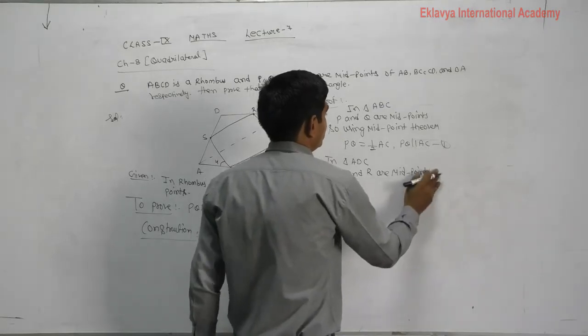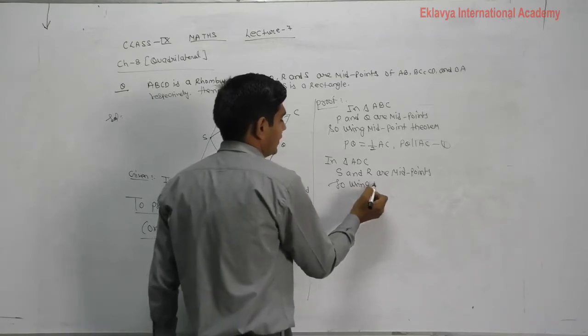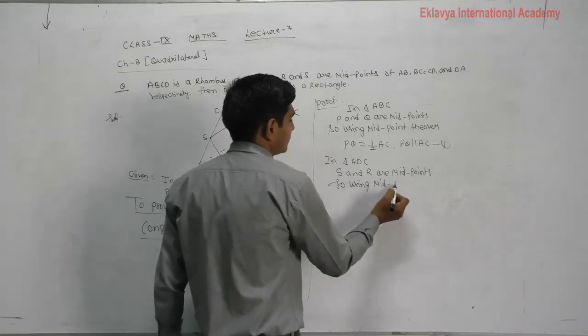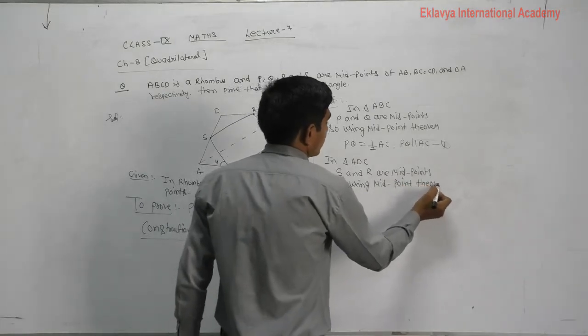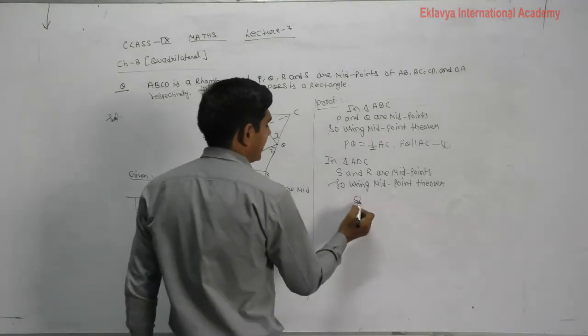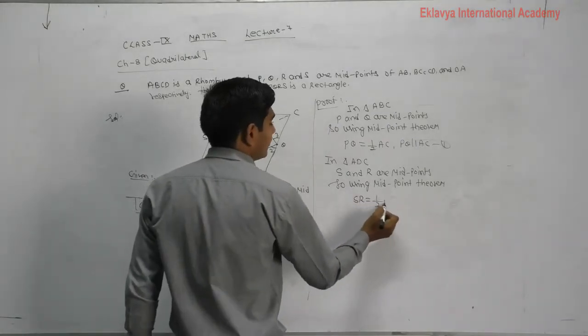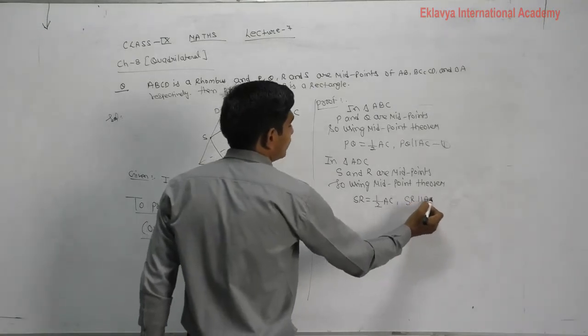So using the midpoint theorem, we write SR is equal to half of AC and SR is parallel to AC.